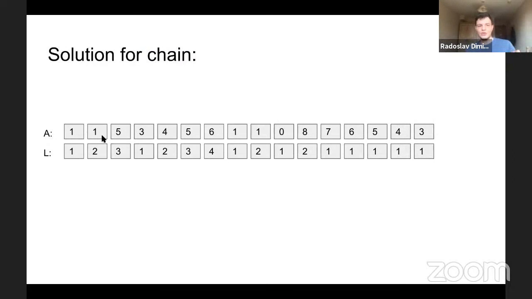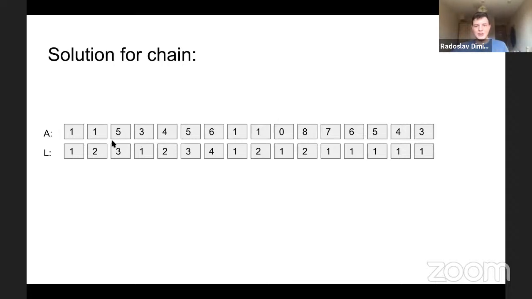Then for 1, 1, it's 2, because 1, 1 is a valid subarray of length 2. Then for 1, 1, 5, the largest subarray that ends on 5 is 1, 1, 5, because it's non-decreasing. Then for the next position, where we have the 3, it's just 1, because 5 is greater than 3, so we can't include the 5, because it would break the non-decreasing subarray.